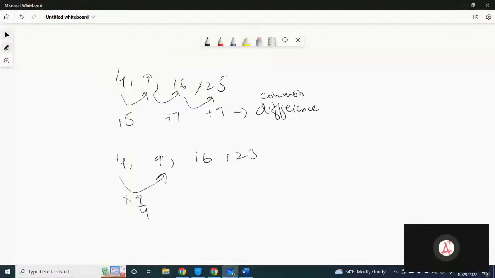From 9 to 16 you need to multiply by 16 over 9, and for this one you have to multiply by 25 over 16. In the geometric sequence, the multiplier isn't the same. That means both cases are not possible. It is neither arithmetic nor geometric.